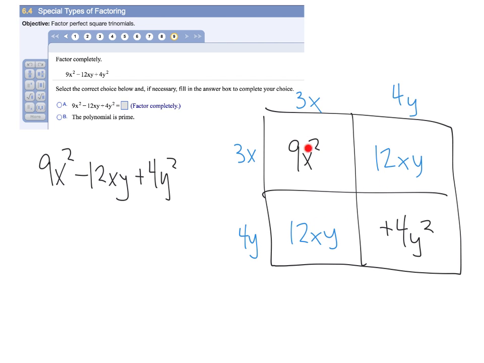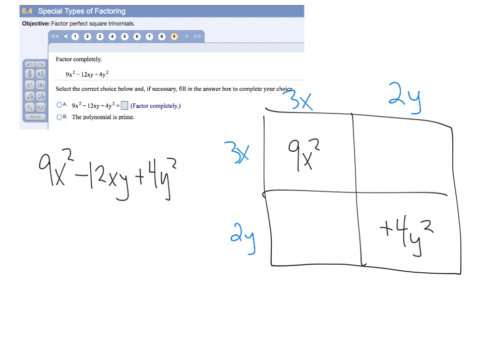You know, when you look at this as squares, so that's 3x times 3x. Oh, you know what? That's because it's not supposed to be 4y's. What are those supposed to be? Those are supposed to be 2y's. So that's 3x and 3x. This is supposed to be 2y and 2y. Now it's going to work.